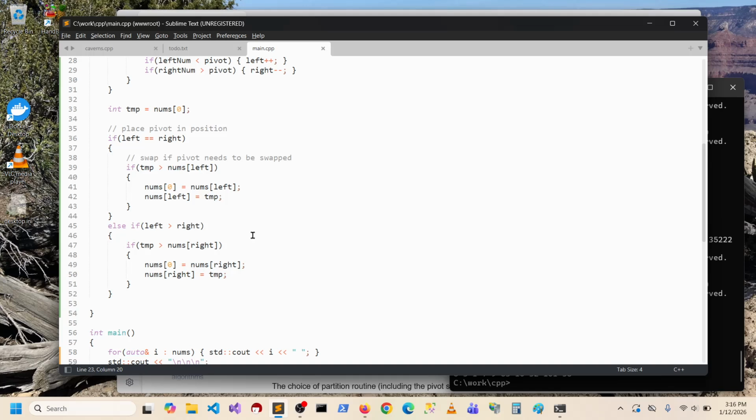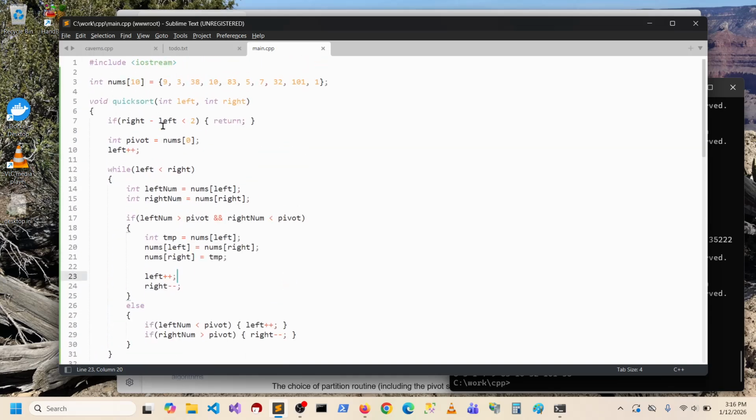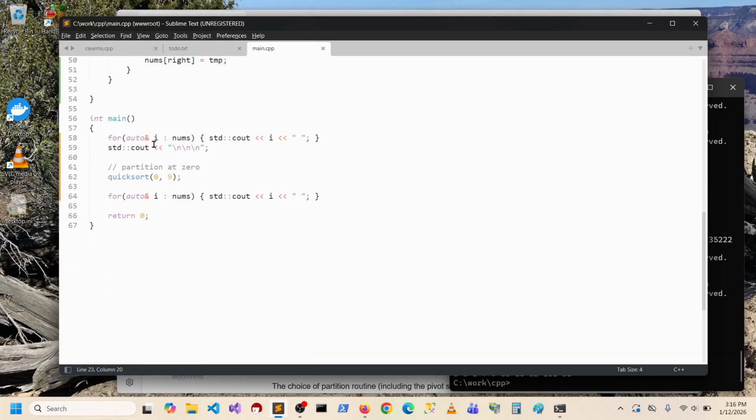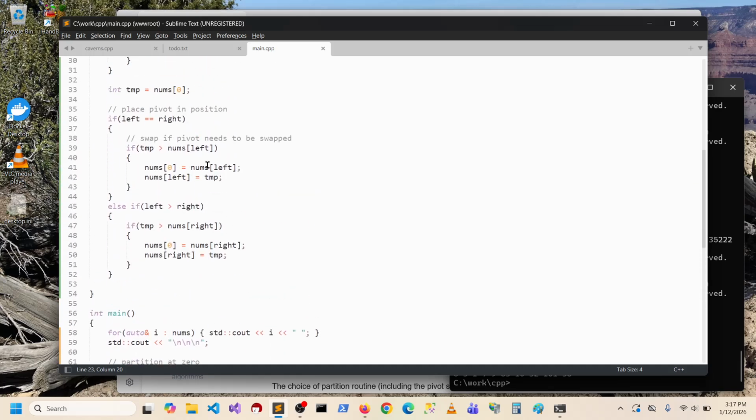Okay, we got that part done. So now I need to call quicksort again with left and right. I call it here, 0 through 9. So at some point, I need to recurse from here.